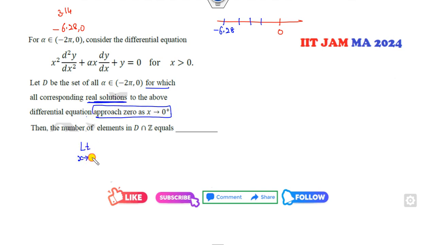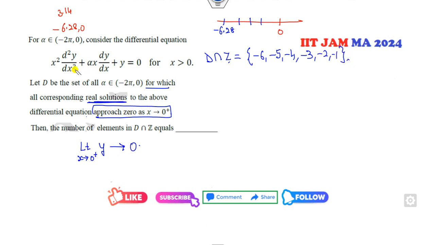That means whenever the limit as x approaches 0 positive, this part goes to 0. Then the intersection of this. So z is a positive integer or negative integer. So what is the set? Minus 6, minus 5. These are the values. Fine. This is my intersection.